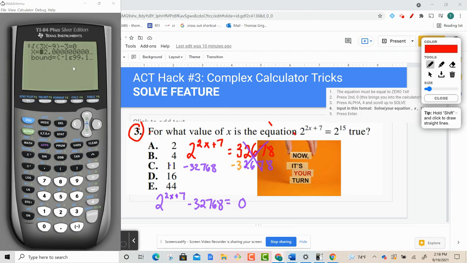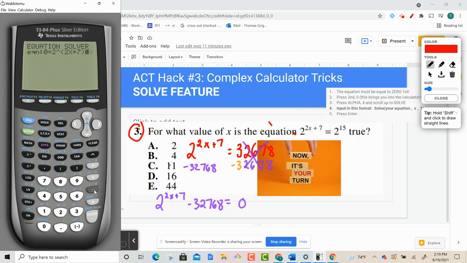All right, so one quick thing, when you go back to the solver feature, it's going to have the information from the last problem. Just press the up arrow key, and it should let you clear out that last equation. And then I can type in my new equation. Again, if you have a newer version of the calculator, this is so much easier.